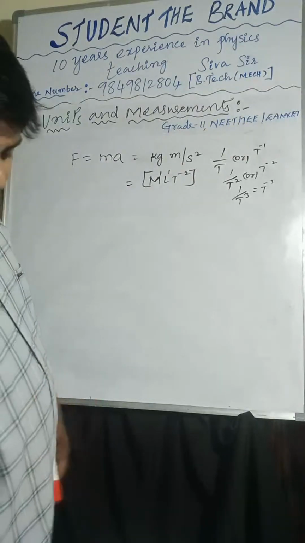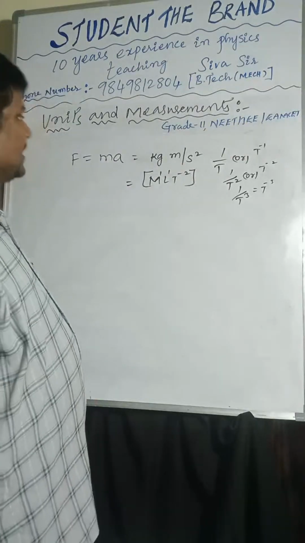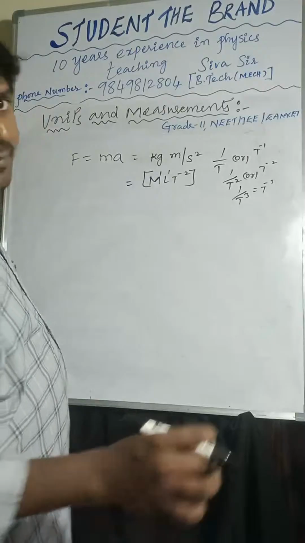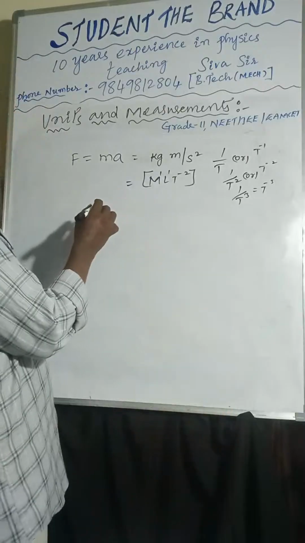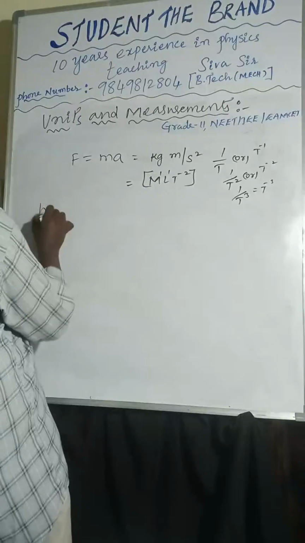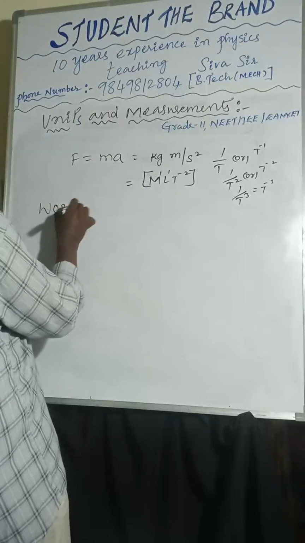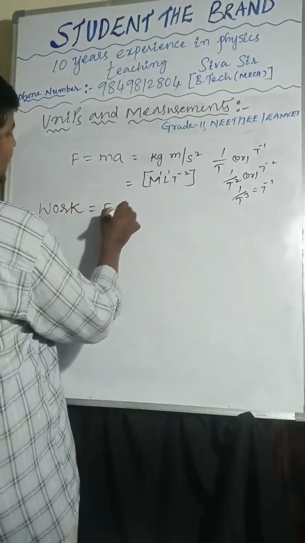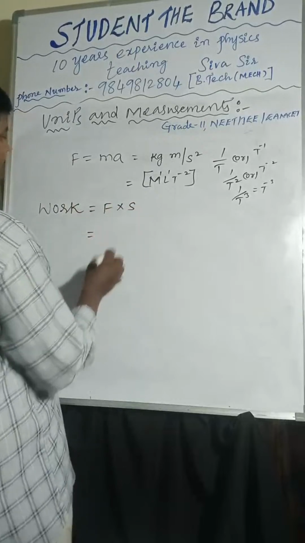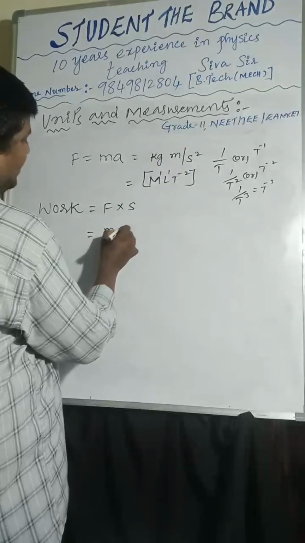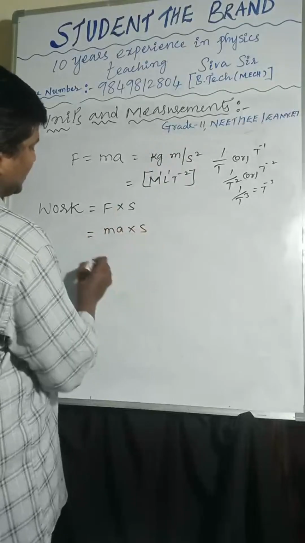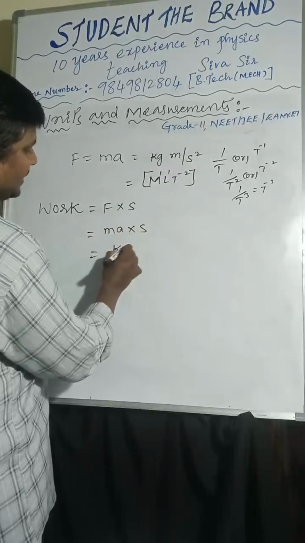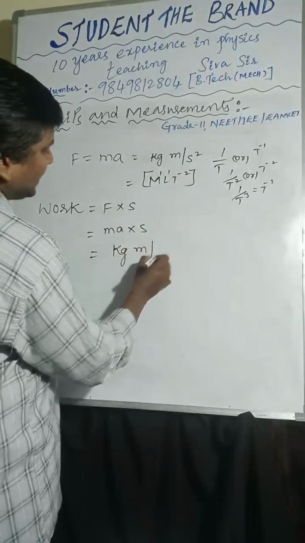Okay, next one. We can go for work. Can you write the work dimension formula? Work is F into S. We know F equal to MA into S. MA is nothing but kg meter per second square.